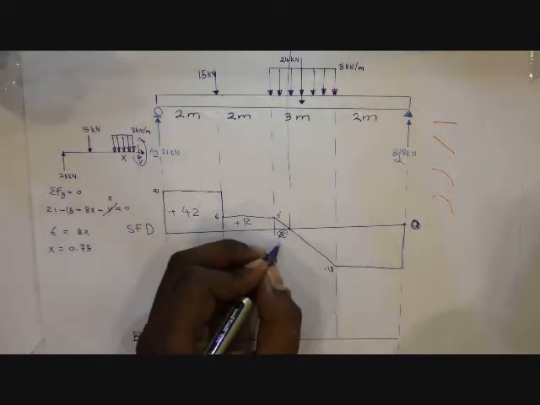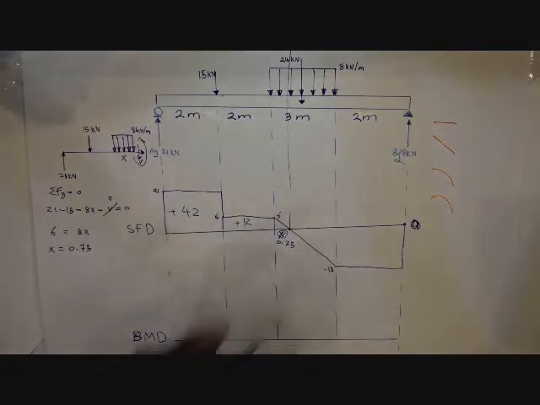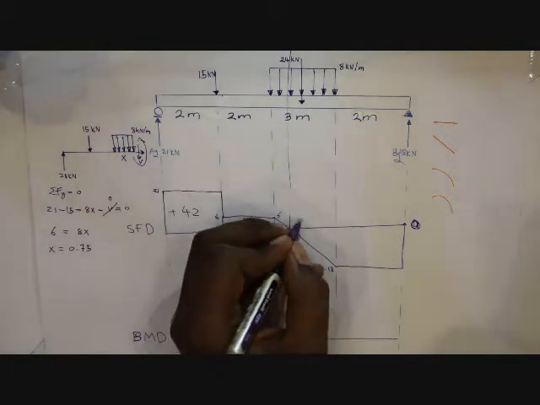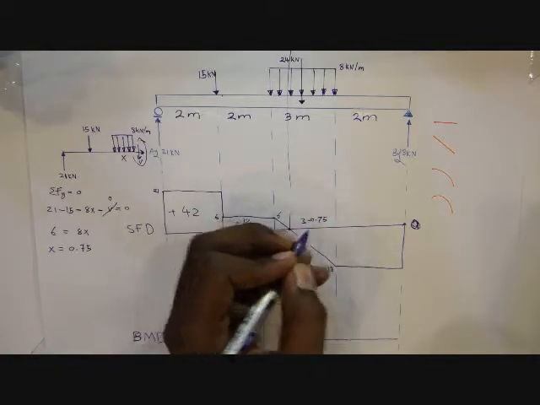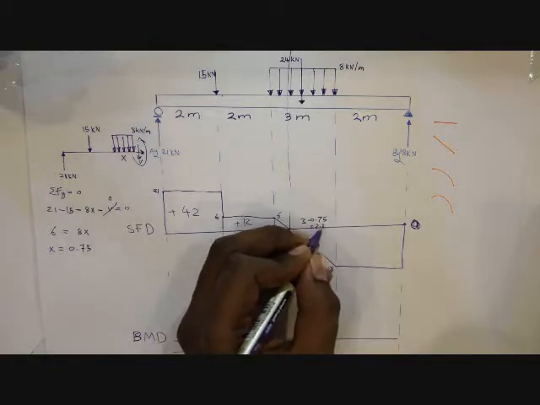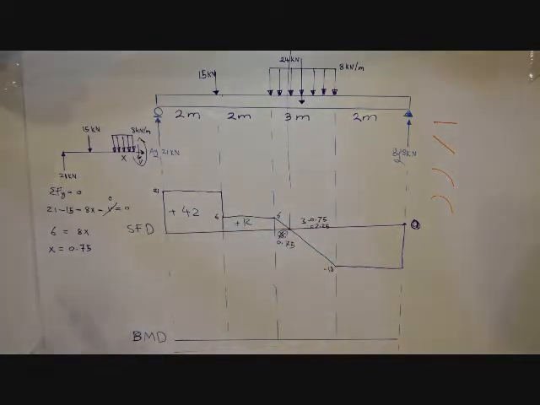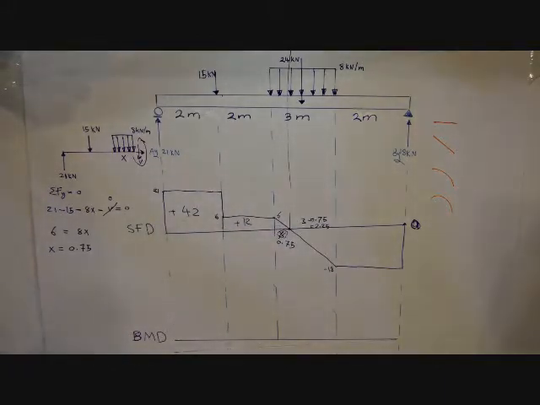Okay, our x here is 0.75. How about this? This is 3 minus 0.75, which is 2.25.